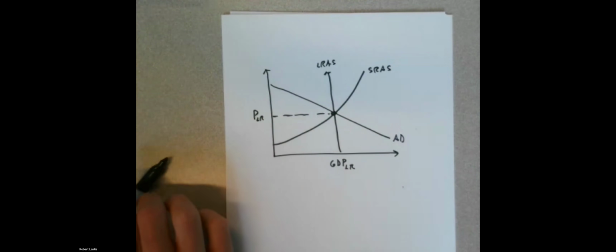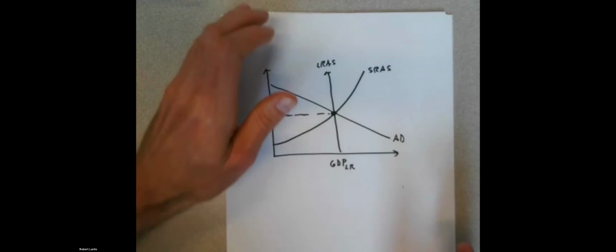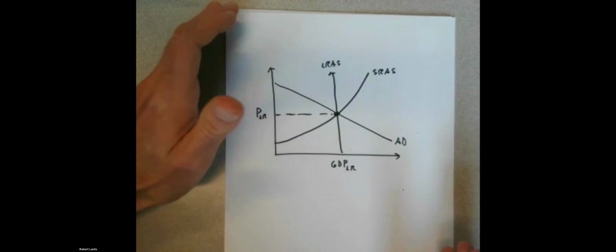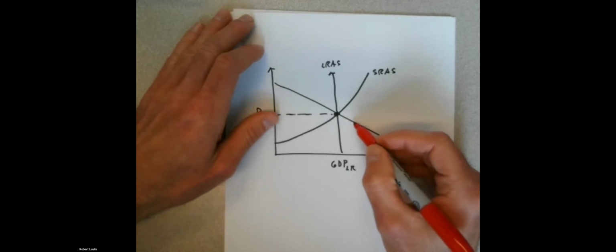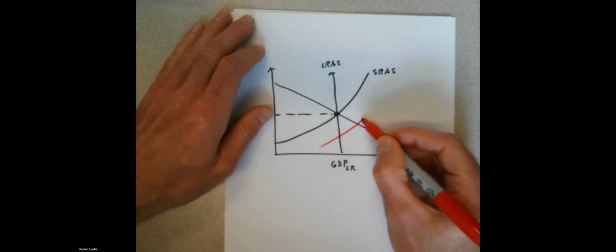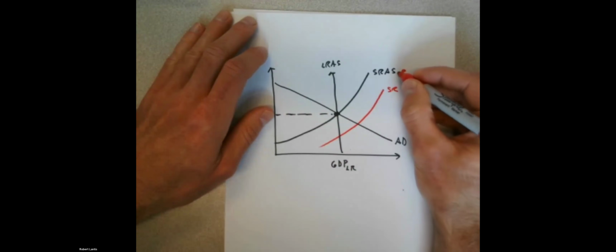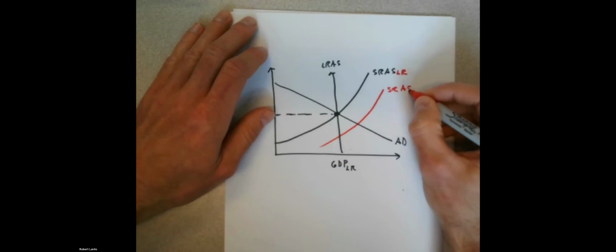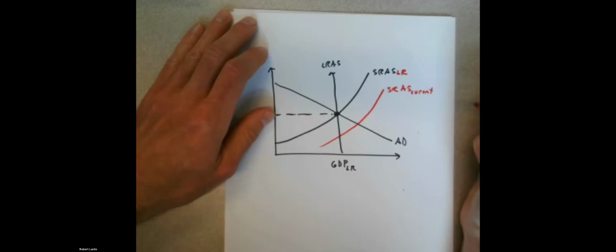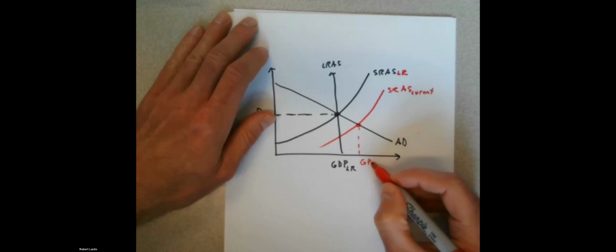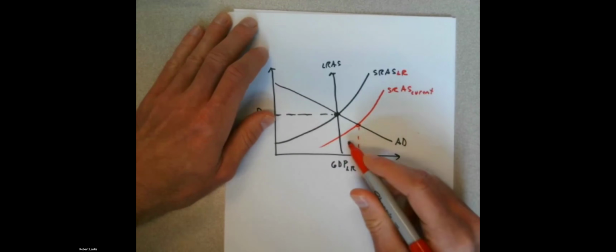If we currently have an inflationary gap, we know that currently short run GDP is too high, right? Economic conditions are good. So the only way that's going to happen in the short run is if the current, so you can think about this as our long run aggregate supply, if our current short run aggregate supply is out here, that would give us a GDP in the short run that is greater than that long run outcome.